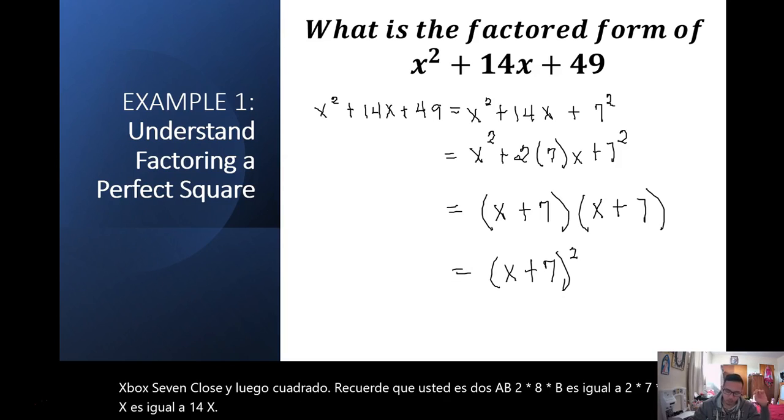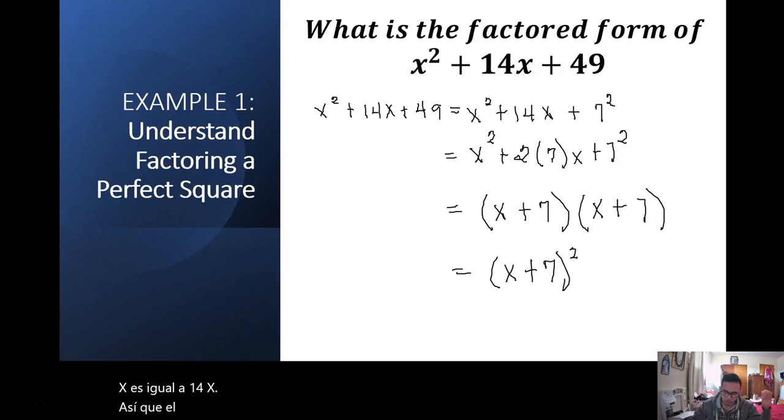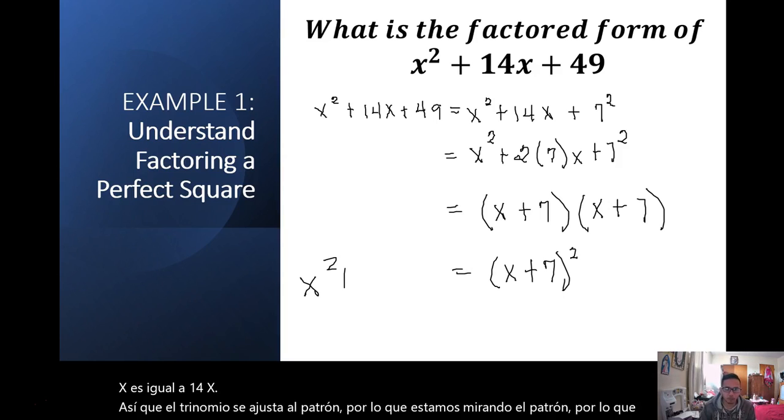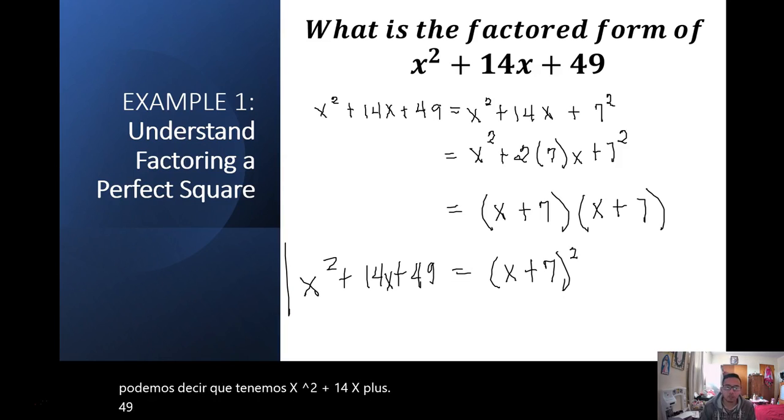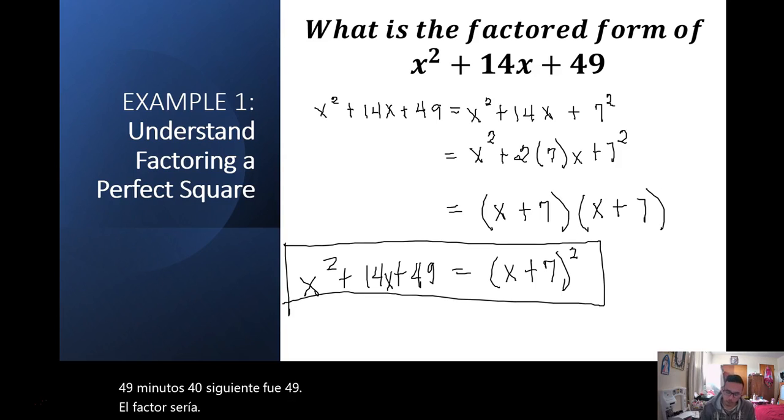So the trinomial fits the pattern. So x squared plus 14x plus 49, the factor would be x plus 7 squared.